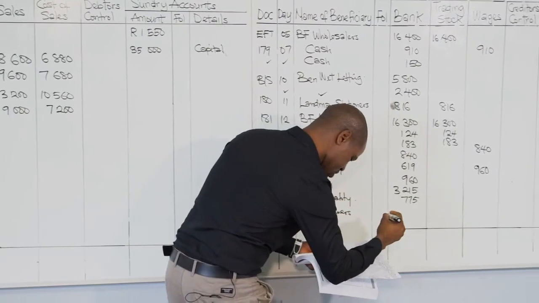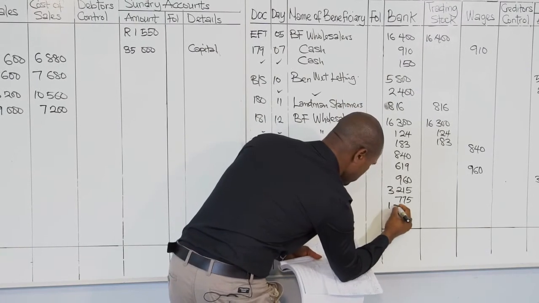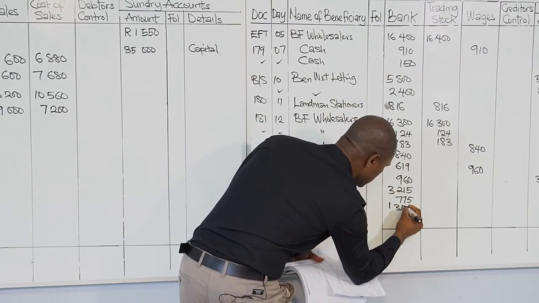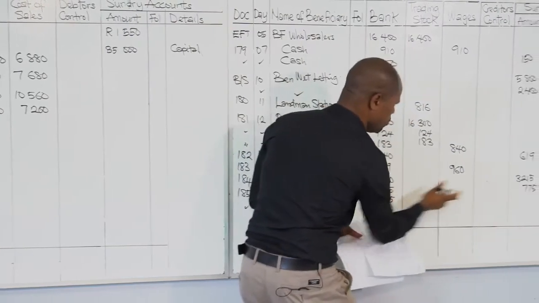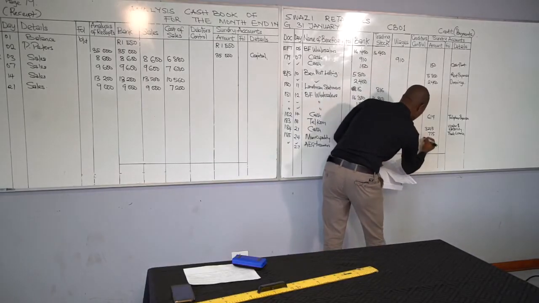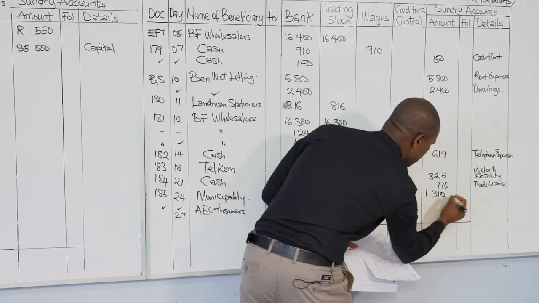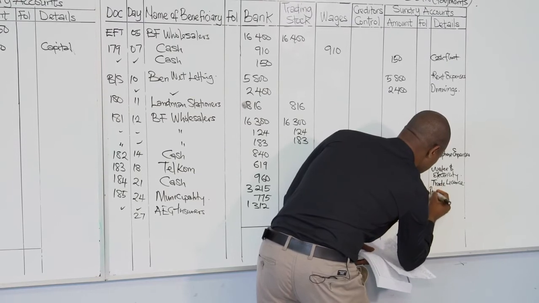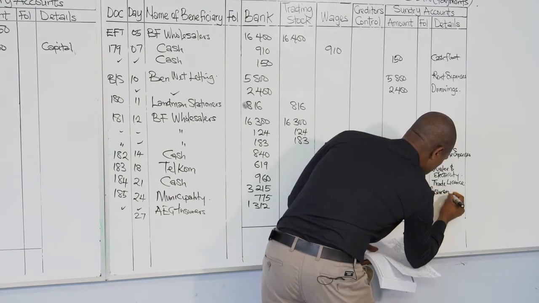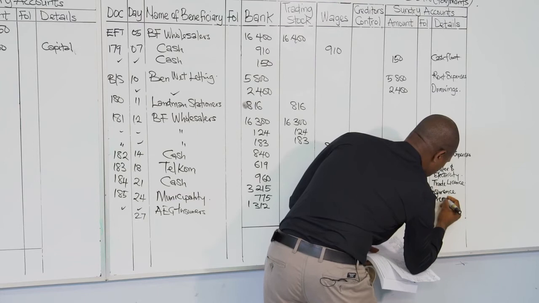So the amount is 1,312. It goes into the sundry account. It's 1,312, and then I write here insurance premium.